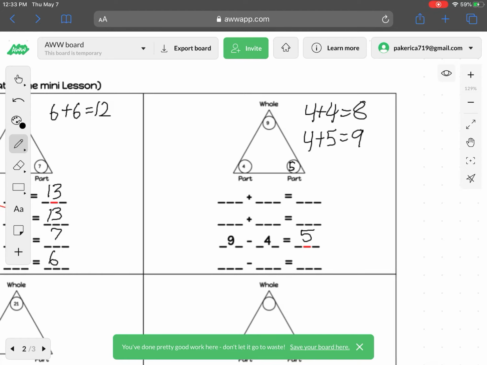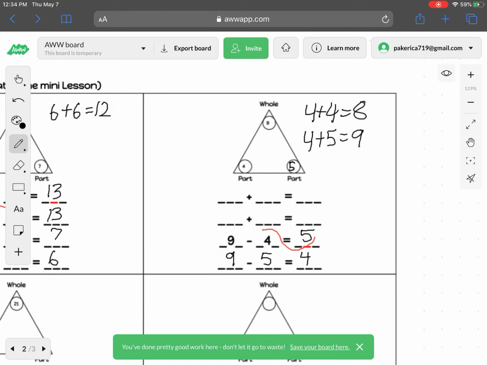Now let's take what we know about fact families to finish off our missing equations. So again, my whole was 9, which is my biggest number, and my only 2 numbers that switch places are my parts. So here I'm going to switch my parts again, which are 4 and 5, and I'm going to get the new equation of 9 minus 5 equals 4.